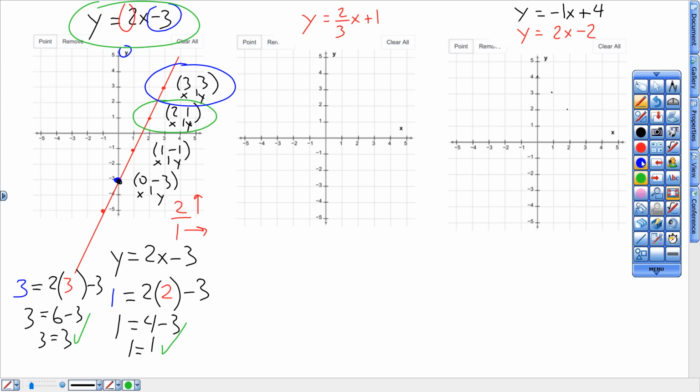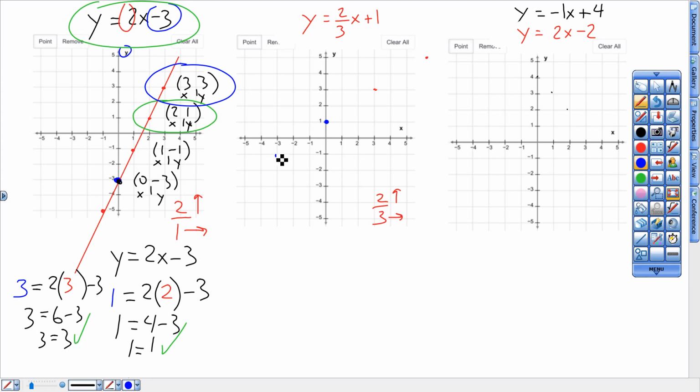Graph it. +1. For this one, the slope is 2/3. Don't need to put it over 1. It already has a rise and run. Over 3, up 2. Over 3, up 2. Over 3 boxes, up 2. Or reverse that. Down 2, left 3.